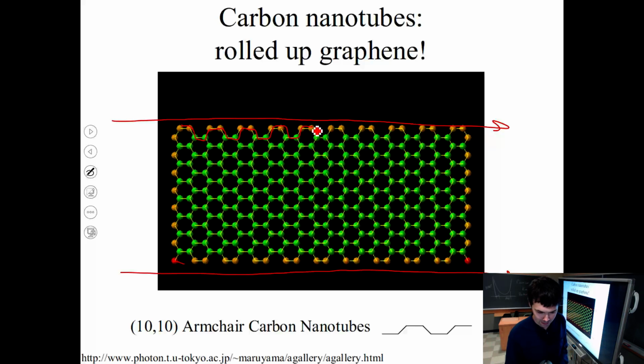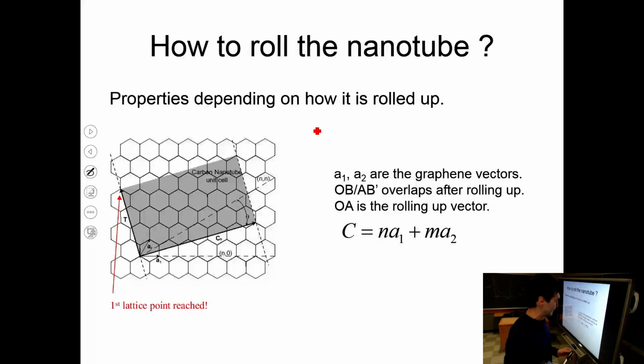I would have called it, I don't know what. But this is not the only way that you can roll a piece of graphene and make happy bonds with atoms on the other side. In fact, there is a huge number of ways, and in principle, an infinite number of ways to roll graphene. An armchair way is only one of them.